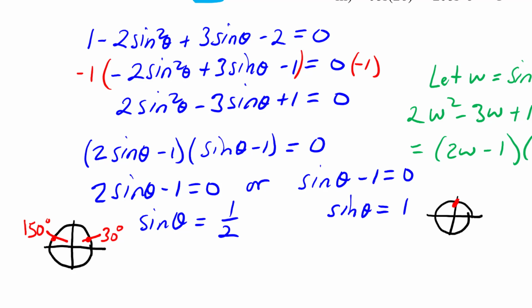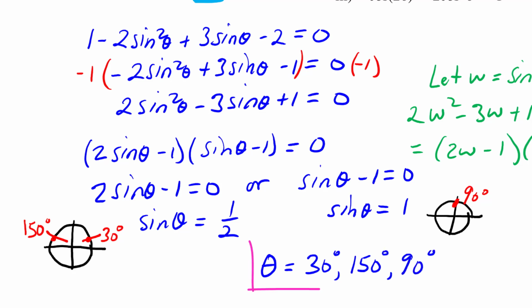Sine of theta is equal to 1 at 90 degrees. We have three solutions. Theta equals 30 degrees, 150 degrees, 90 degrees. These solutions could be written in any order, but it's nice to pair them up as we see here, 30 and 150.